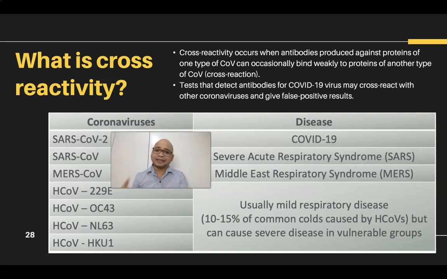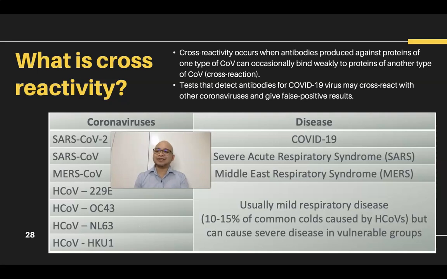But between 2002 and 2003, there appeared SARS-CoV. This is the severe acute respiratory syndrome, or SARS-CoV, sorry. And then it was followed by MERS-CoV, or the Middle East Respiratory Syndrome. Fortunately, it was just confined in the Middle East. But now, in 2019, you have COVID-19, which is caused by SARS-CoV-2.